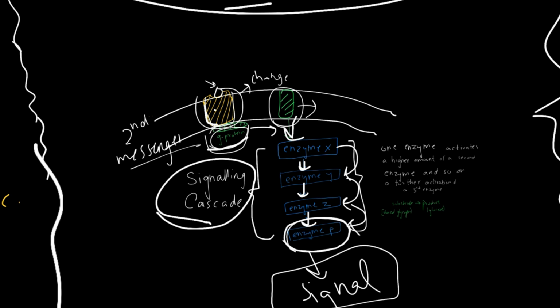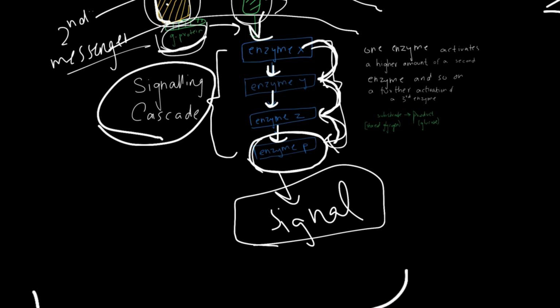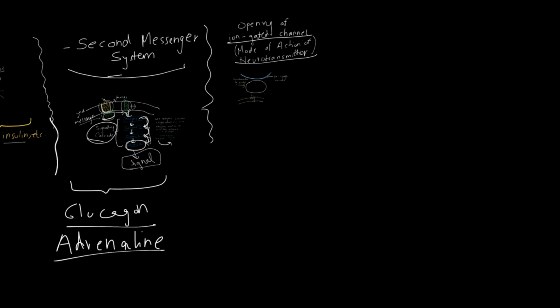That G protein activated another enzyme from the cell membrane, and then a signal is amplified through the signaling cascade, where one enzyme activates a higher amount of the second one, and then that activates a higher amount of the other one, and then a third response. So as a result, the signal is amplified by the end, which is required to turn a substrate into a product. The two main examples are glucagon and adrenaline, both of which are used in the liver.